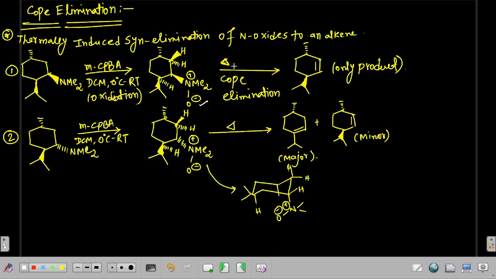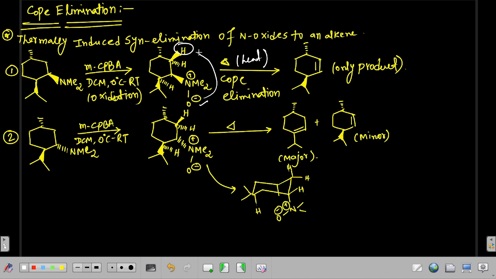Next, if we heat this N-oxide, then it leads to the formation of this alkene. So how it will form: here it will undergo only syn elimination. You see here, this oxygen and this hydrogen will be in the same plane, so it will undergo the elimination.